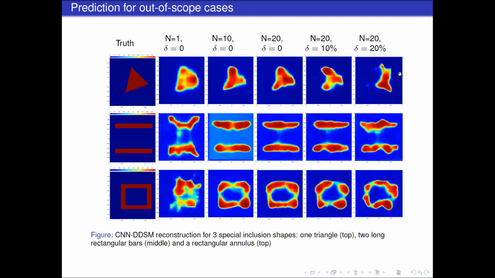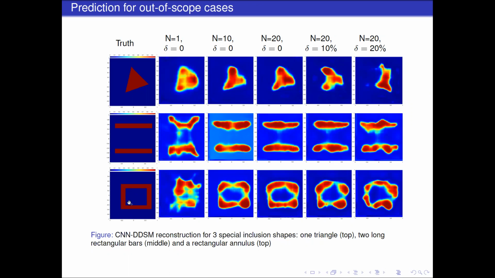Okay, and this is the prediction for some different shapes: a triangle, two bars, and a lunar. Because our neural network is only trained on circles and ellipses, for those shapes we cannot obtain a very accurate reconstruction, but the overall shape is still okay.